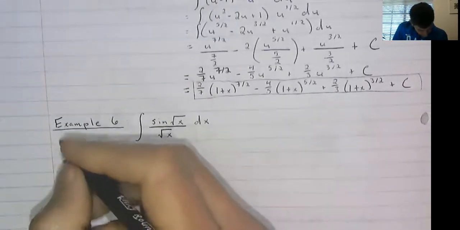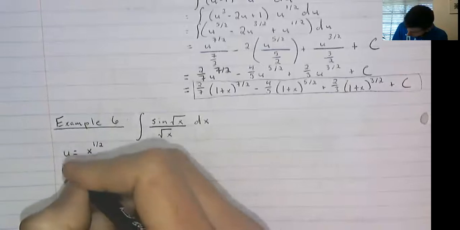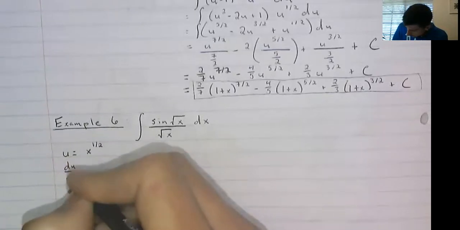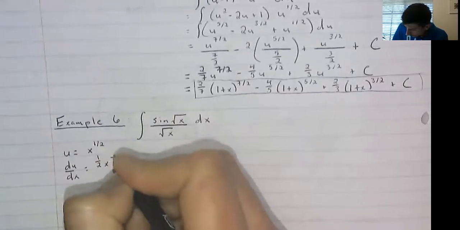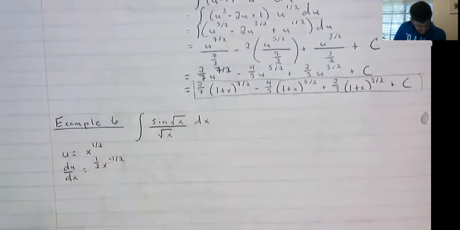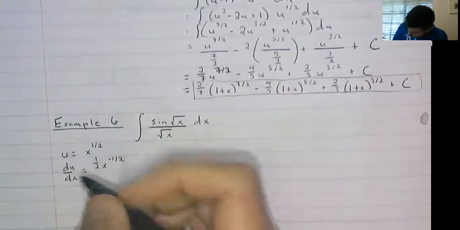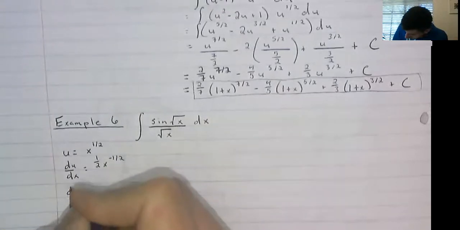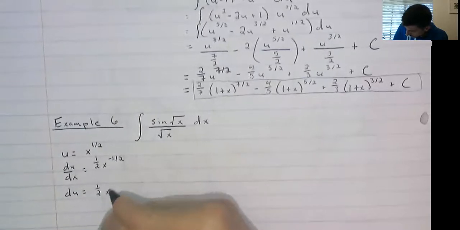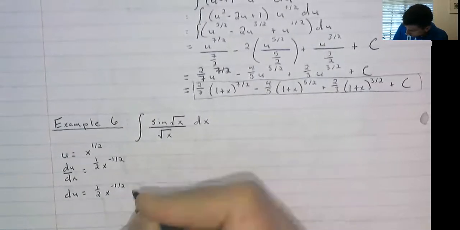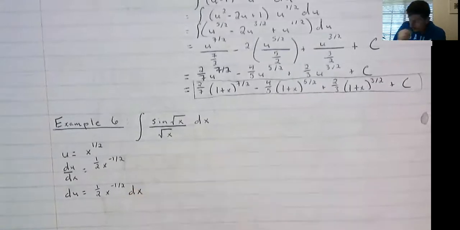Which means that the derivative of u is equal to 1/2 x to the negative 1/2, which means that du is equal to 1/2 x to the negative 1/2 dx.